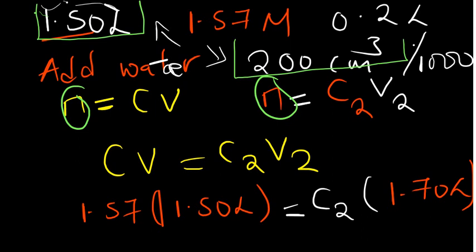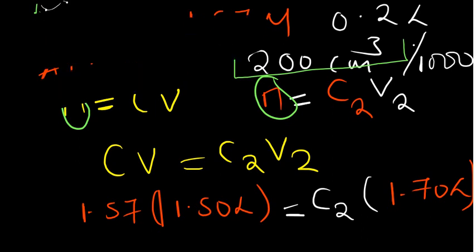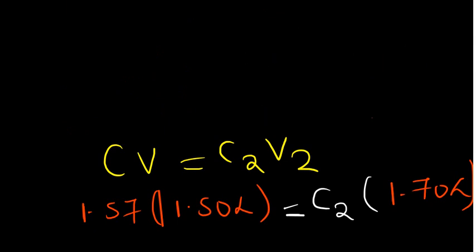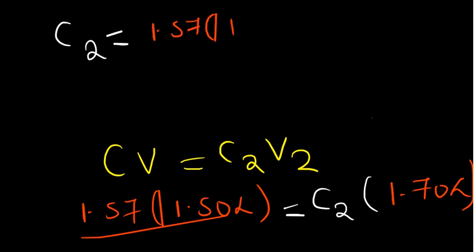So now, at this point, you should be able to determine the second concentration, right? What are we going to have as our second concentration? We divide the first number of moles, which is a product of the concentration and volume, by the 1.70 from the other side.